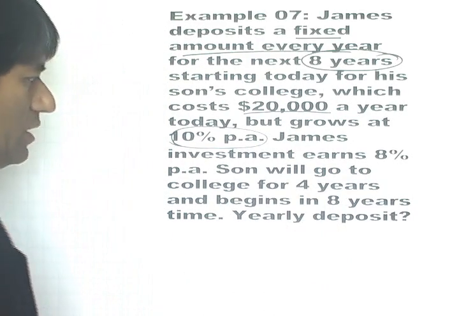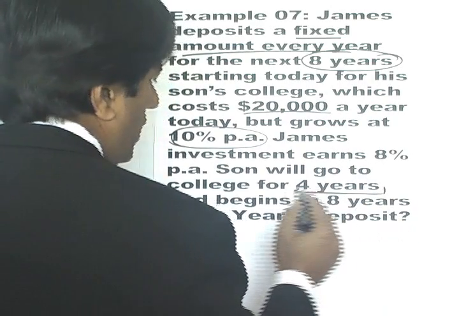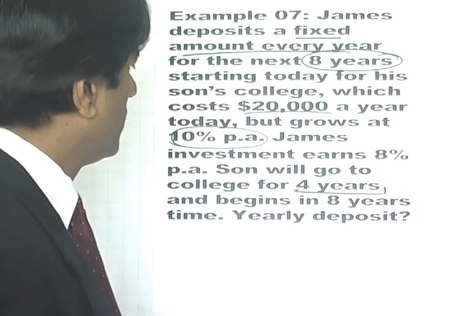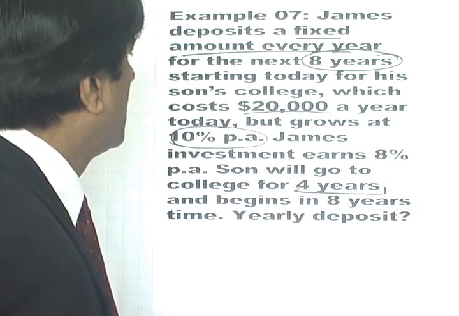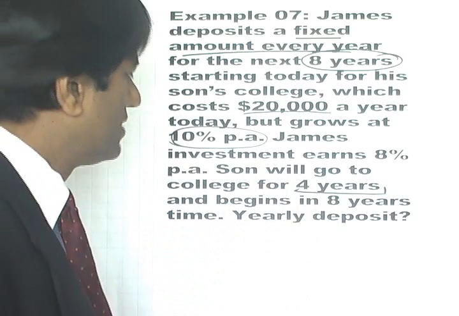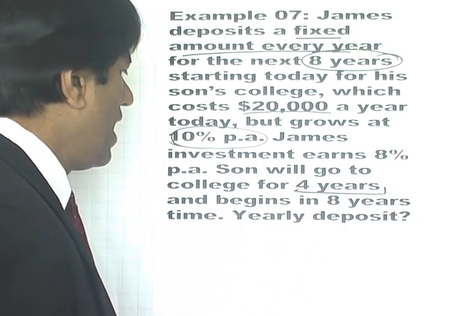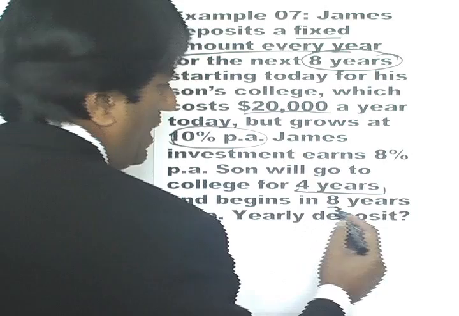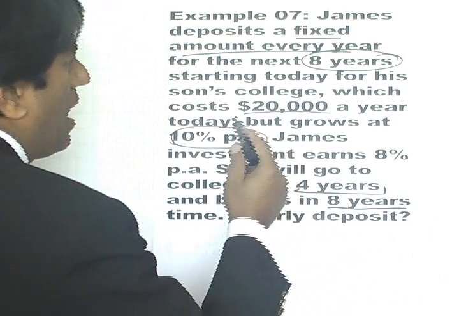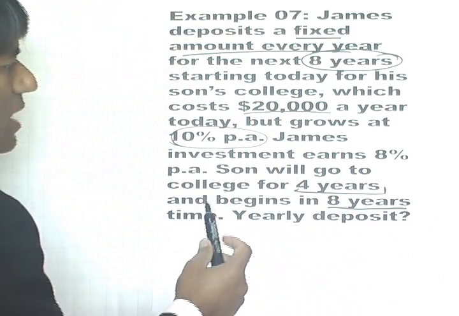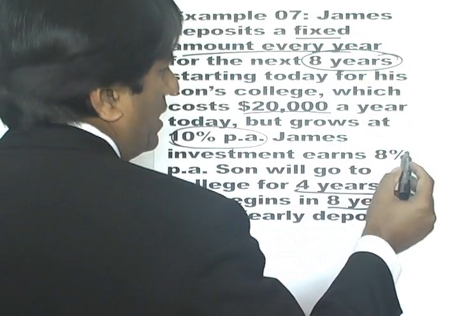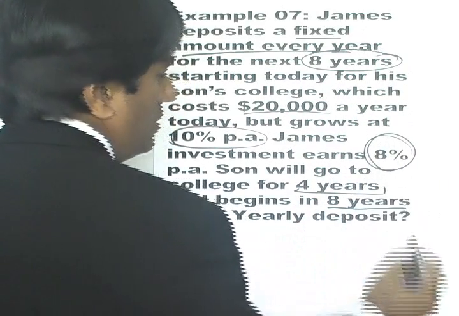The son will be in college for 4 years, so there will be 4 years of college expenses which will need to be paid, and the college is going to begin in 8 years' time, and the rate of return which James can earn on his deposits is 8%.